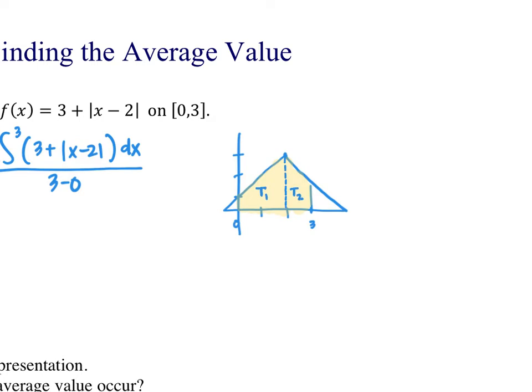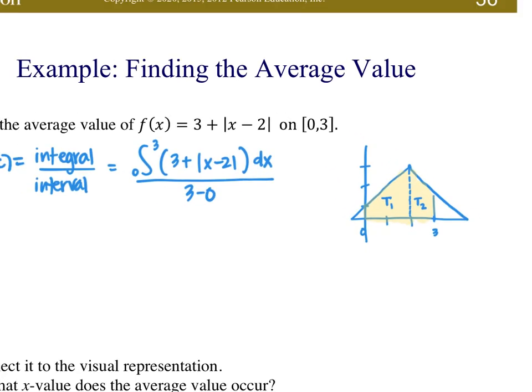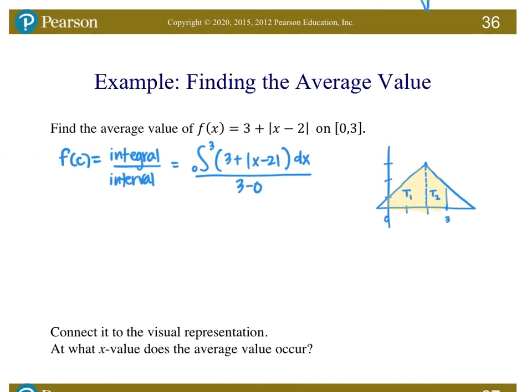So we're going to find the answer to this using geometry. The first trapezoid, T1, the formula for the trapezoid, 1/2 times the base of 2 times the heights, which are 1 and 3. That's the first trapezoid.